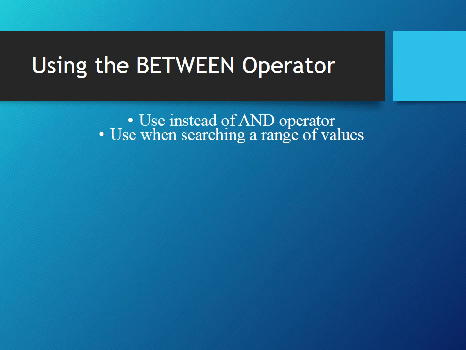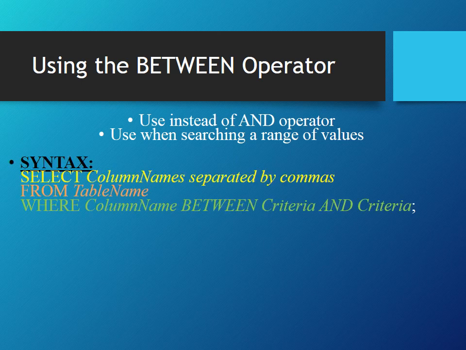The between operator is often used instead of the and operator. You can use it when searching a range of values. The syntax for the between operator is as you see here. Select column name separated by commas from table name where column name, the keyword between criteria, and then the keyword and then the criteria. Notice how the keyword between is used in the where clause.